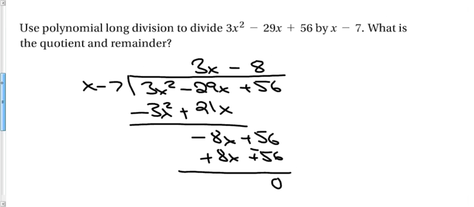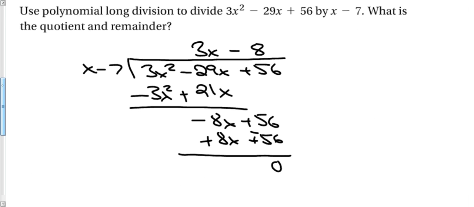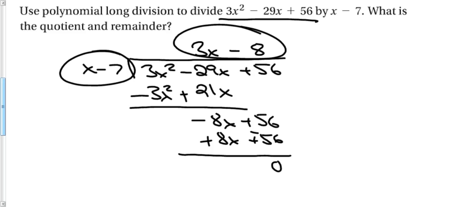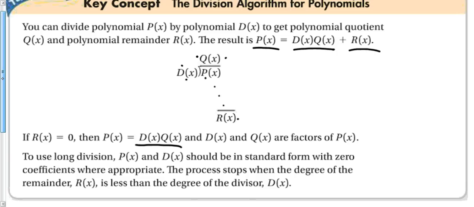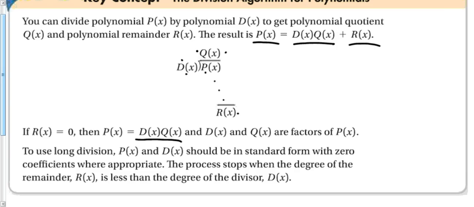So that means in this problem right here, if I wanted to get my original polynomial back again, all I would have to do is take these two and multiply them together, and that would give me my original polynomial because the remainder is 0. Also, x minus 7 and 3x minus 8 are both factors of 3x squared minus 29x plus 56. So that's what that's saying down at the bottom there.